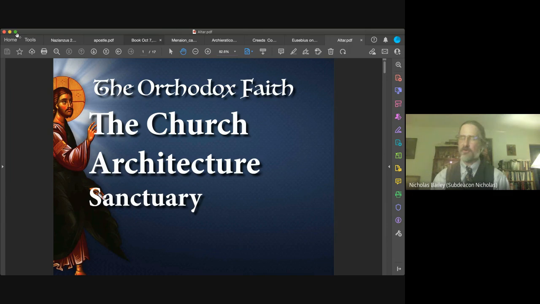That's the back of the church, and the sanctuary is the nave, where everyone stands because they're the priesthood of the believers. What we're going to talk about tonight is the Holy of Holies. We got up to the iconostas. That's what we're talking about now.